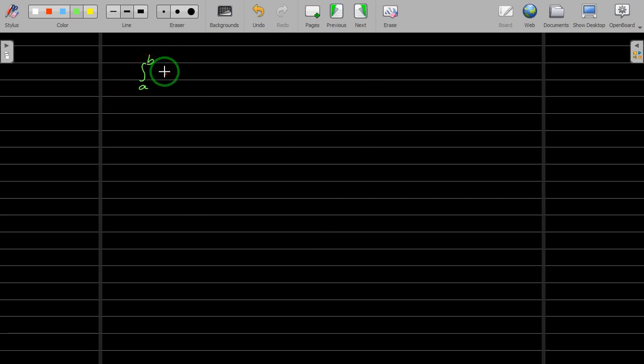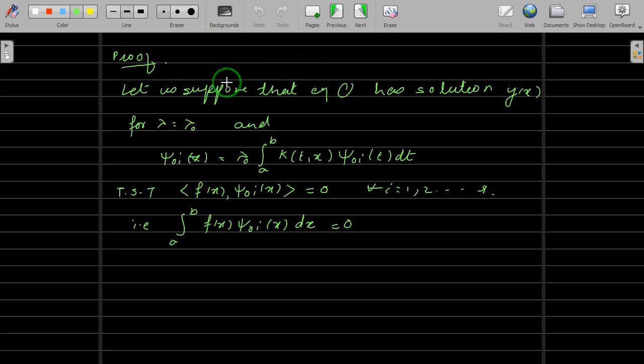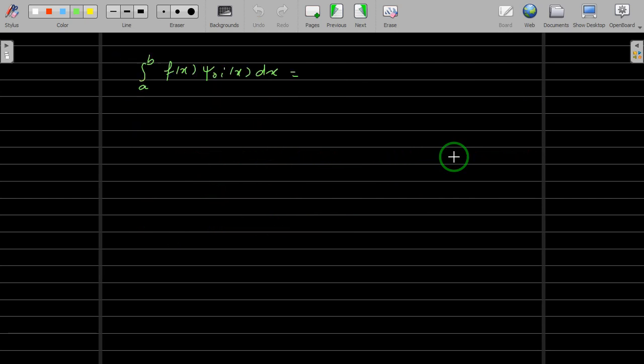Integral a to b f(x) ψ0i(x) dx is equal to, now ψ0i you already have this. So ψ0i(x) is nothing but this equation, right? So put that ψ0i value in this integral.